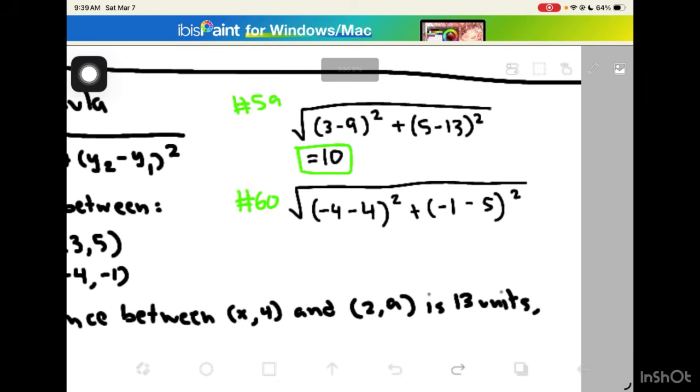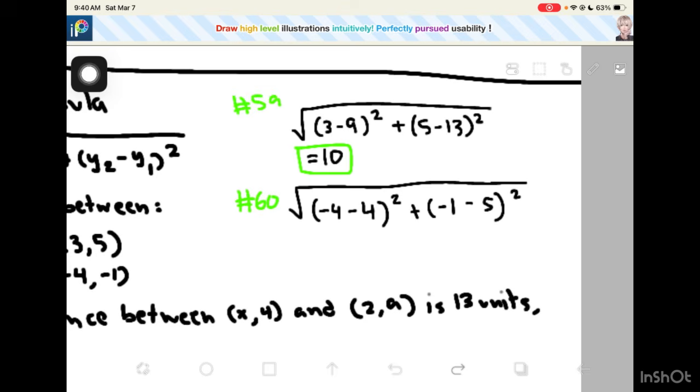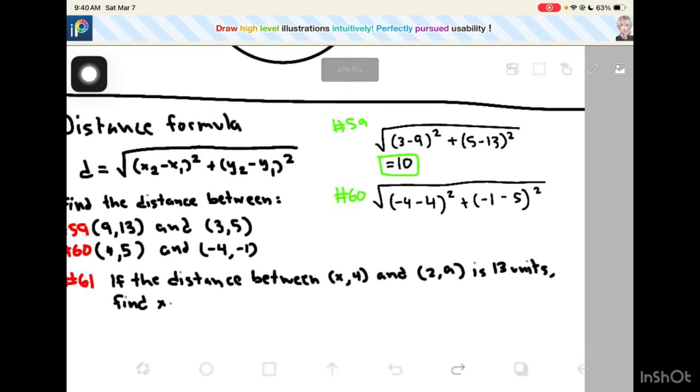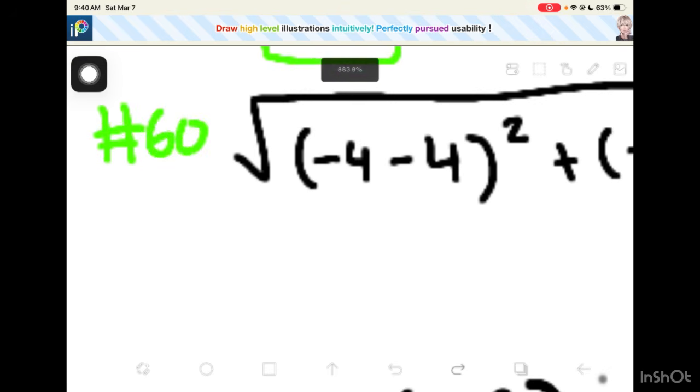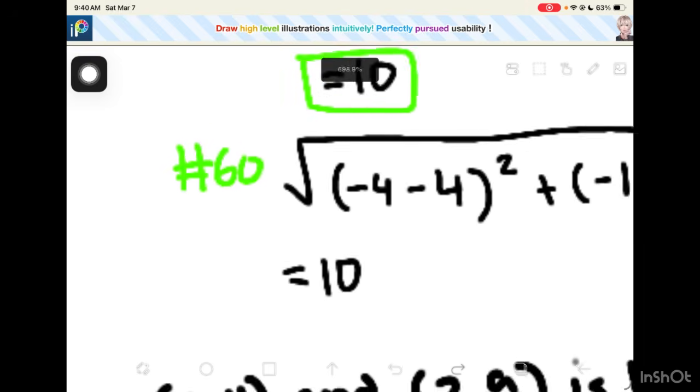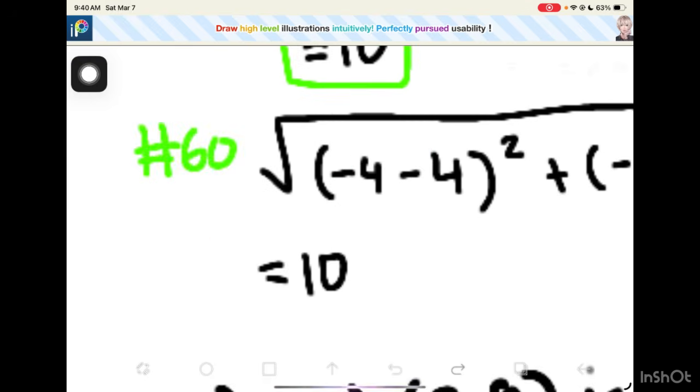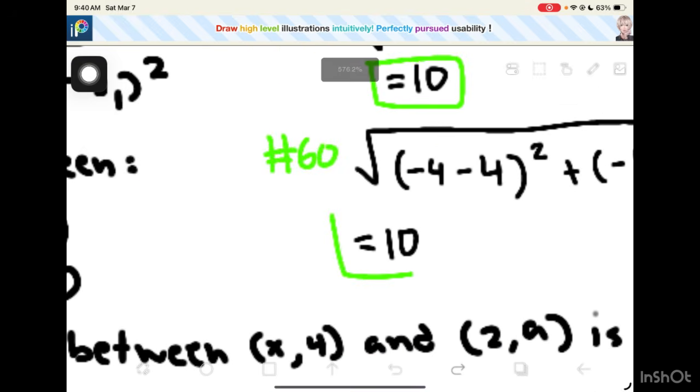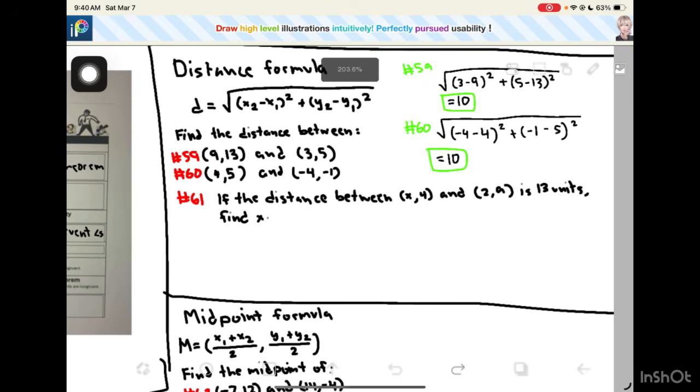Let's put that in our calculator, guys. It's recommended that you have a multi-line calculator for this, but this is also equal to 10. You can cross-check it using the Cartesian plane later.